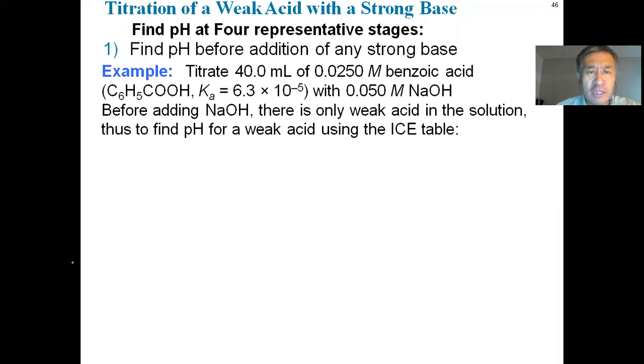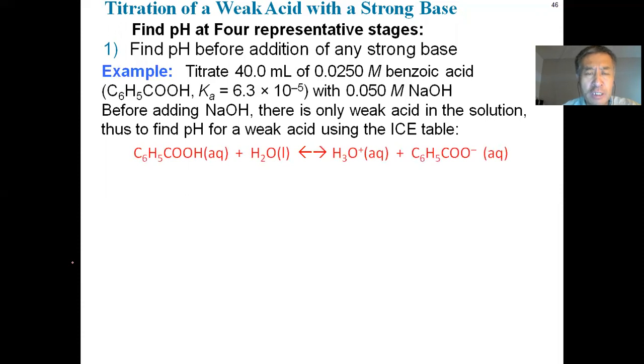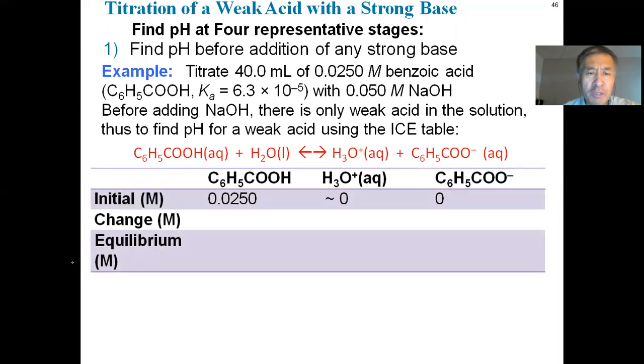Thus, to find the pH for a weak acid, we use the IC table. We first write the ionization reaction of our weak acid in water, then we make the IC table. We know the initial concentration of our weak acid is 0.0250.